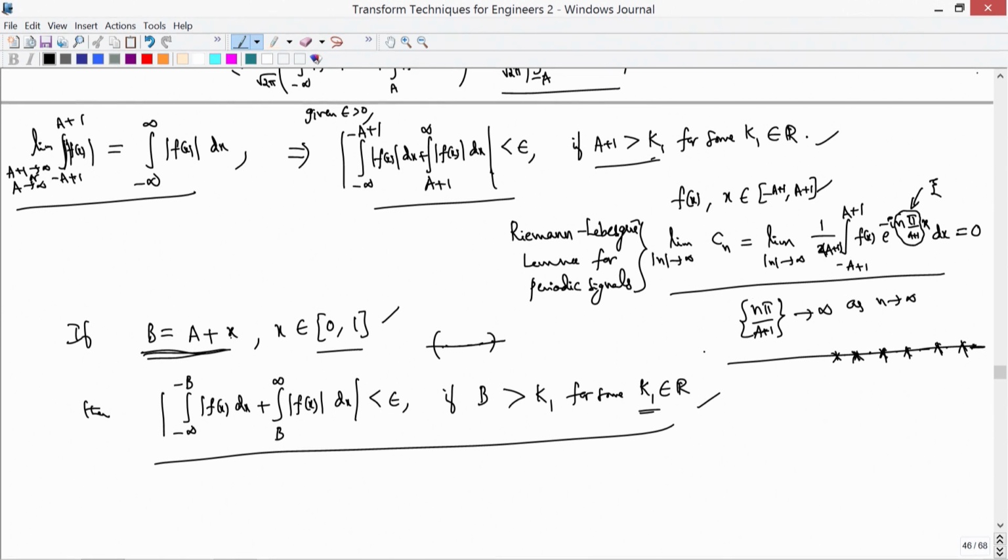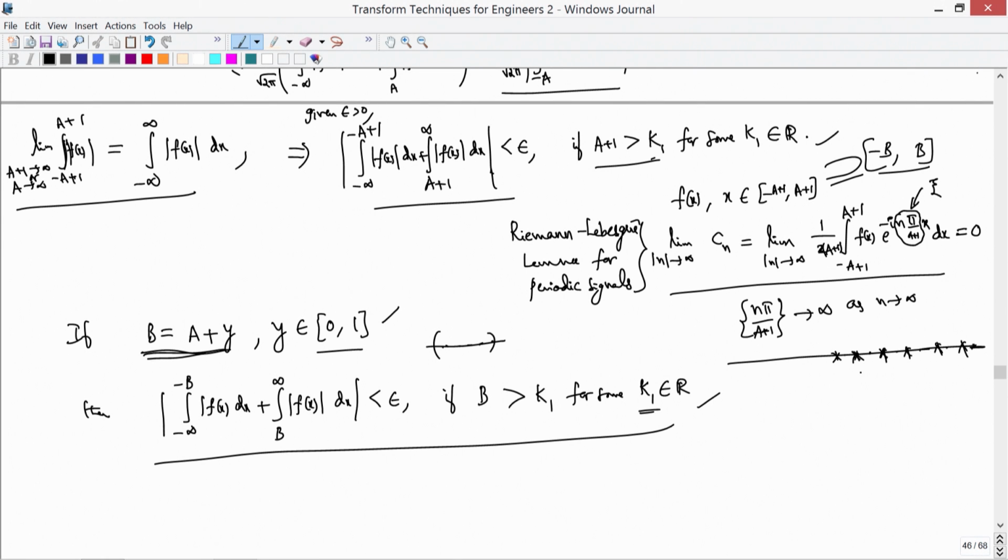Now, if you choose b, that is a plus something, some interval in between, let us say from minus b to b, this is actually contained in this. It may be the same if I choose x equal to 1 here. So, you do not want to call it x, call this some y. If my y equals 1, this is exactly minus a plus 1 to a plus 1.